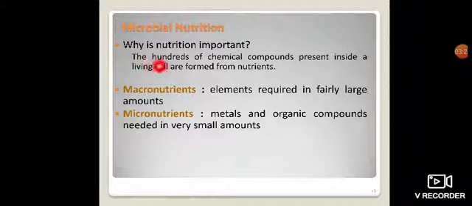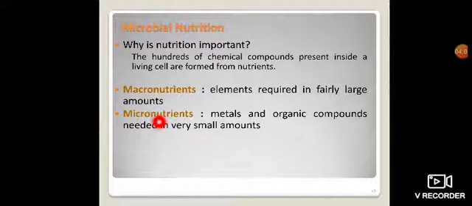Why is nutrition important? The hundreds of chemical compounds present inside the living cell are formed from nutrients. Microorganisms develop because of the presence of different nutritional materials, which get utilized by different cell components, and only then can the microorganisms develop. So nutritional material is most important for their growth.